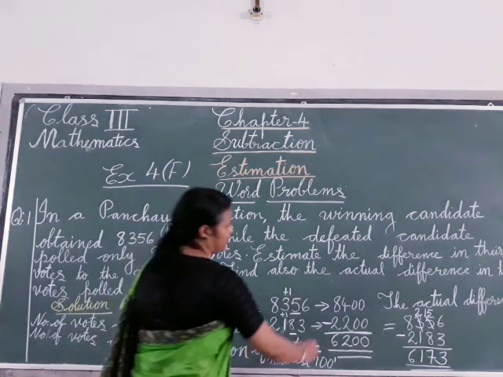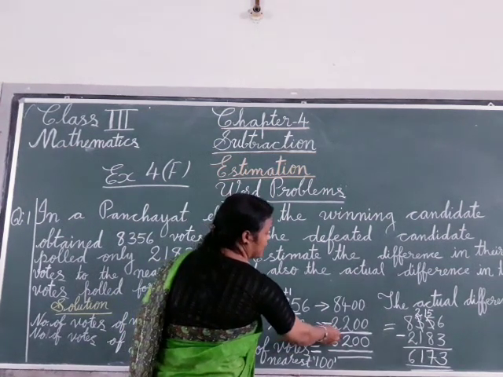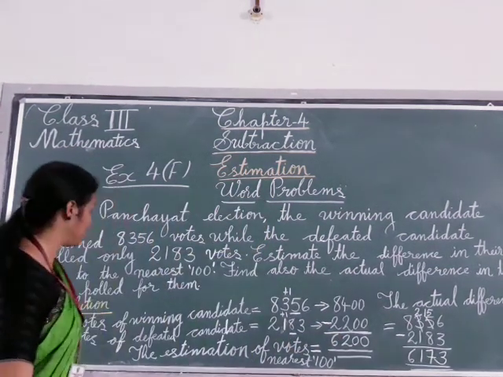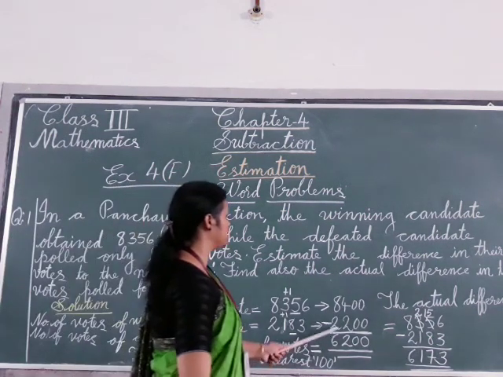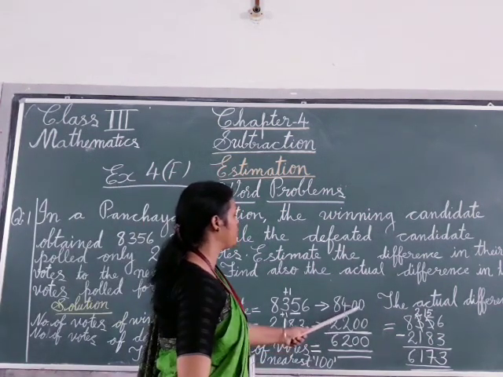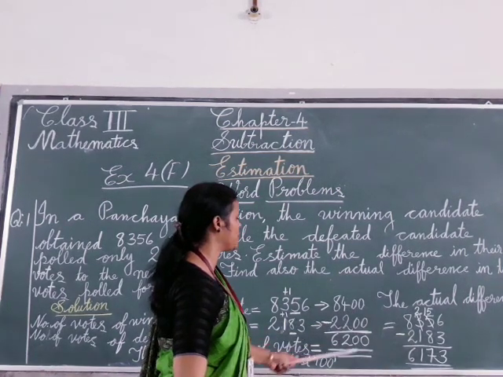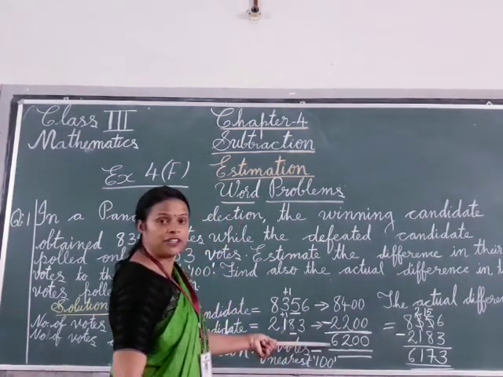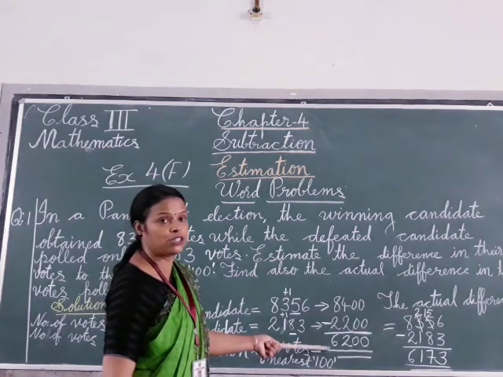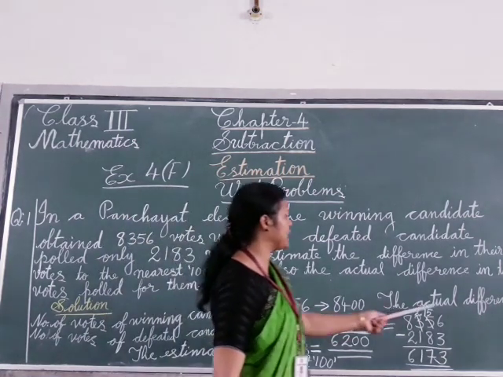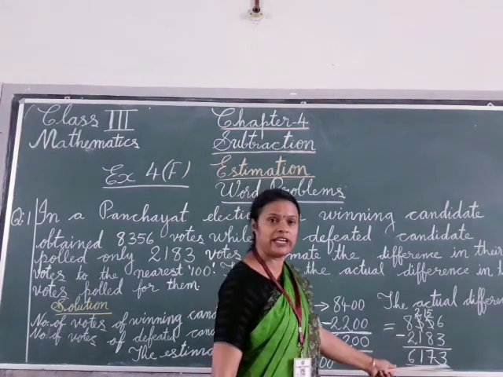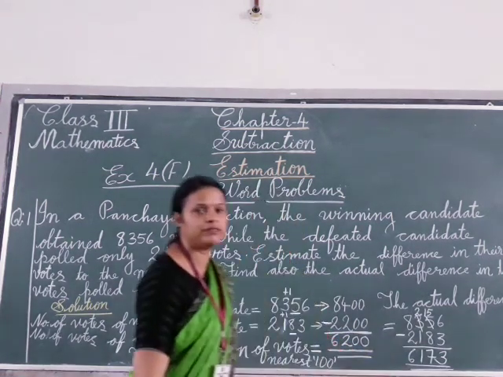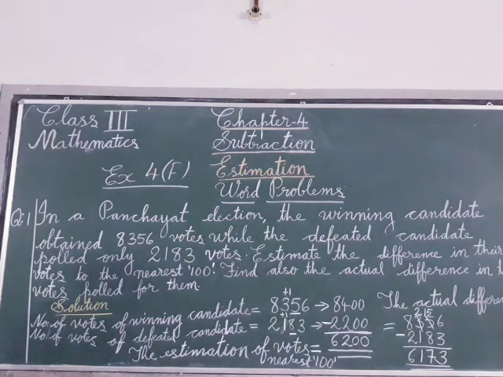Then we are getting the round figure of that number, 2,200, and the estimation of votes nearest 100 is equal to 8,400 minus 2,200. The difference we are getting is 6,200, and the actual difference is 6,173.